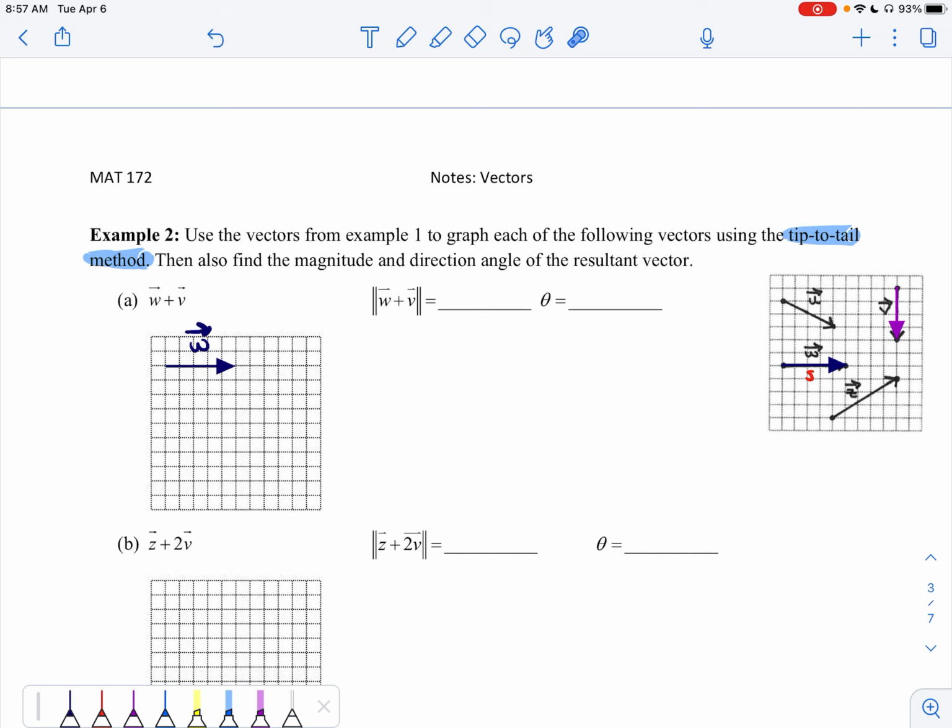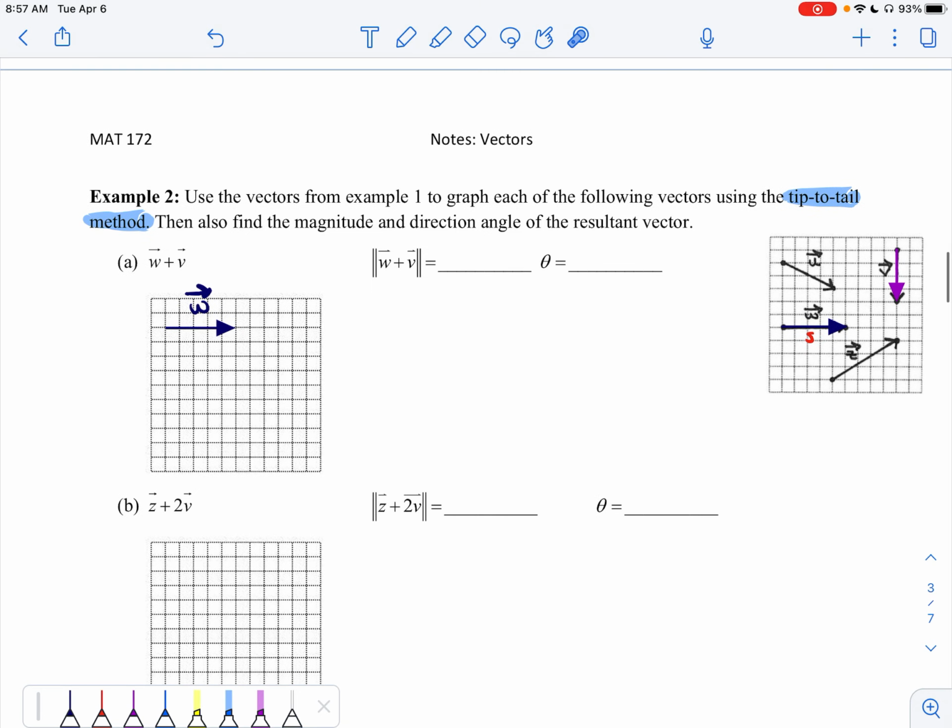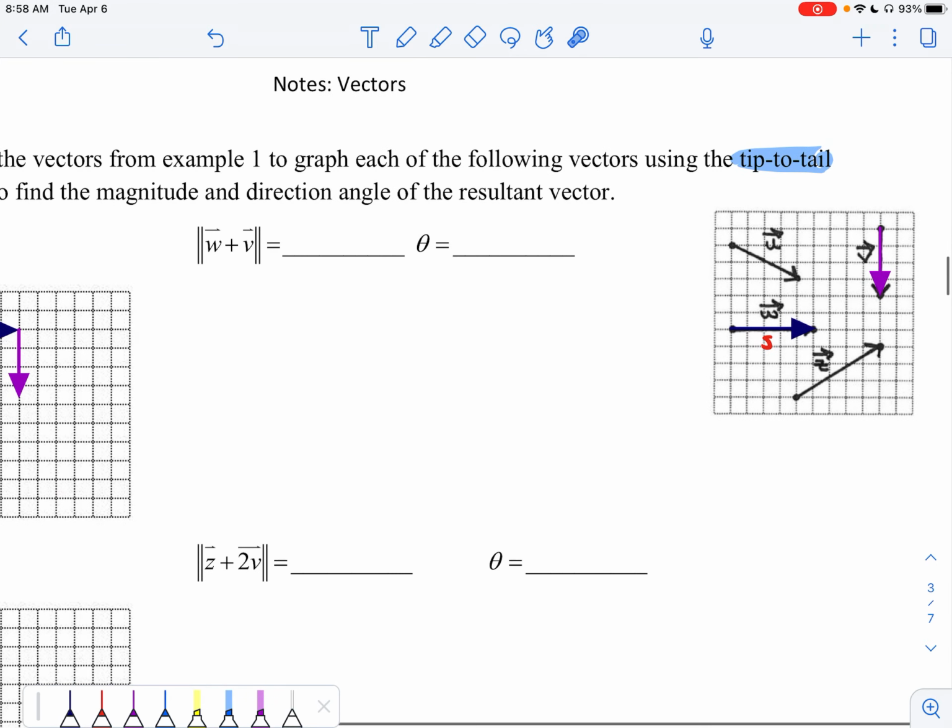Then at the tip of W, we're going to attach the tail of V. So copying over my V. Okay, and V, you can see, is going 1, 2, 3, 4 units down, -4.